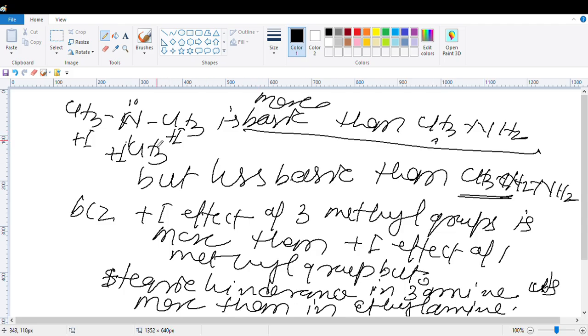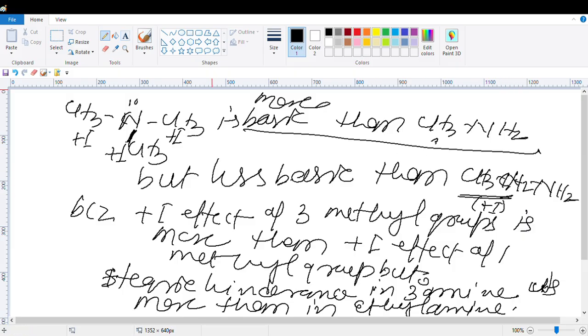While when we compare the basic strength of ethylamine, the steric hindrance will be applicable here because it has C2H5 group which is having higher plus I effect. So here steric hindrance will be the dominating factor when we compare trimethylamine with ethylamine.